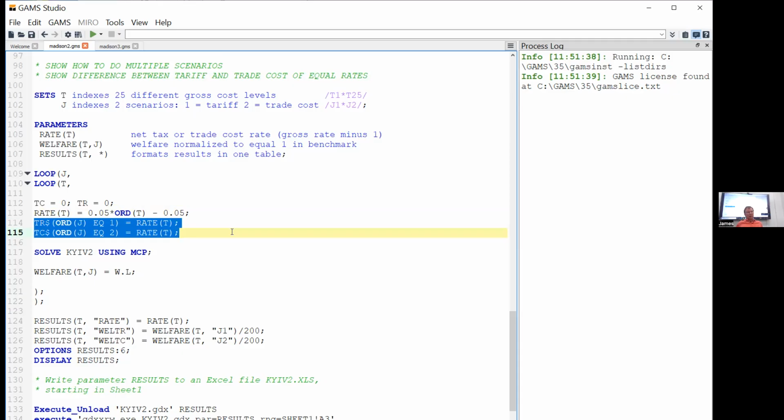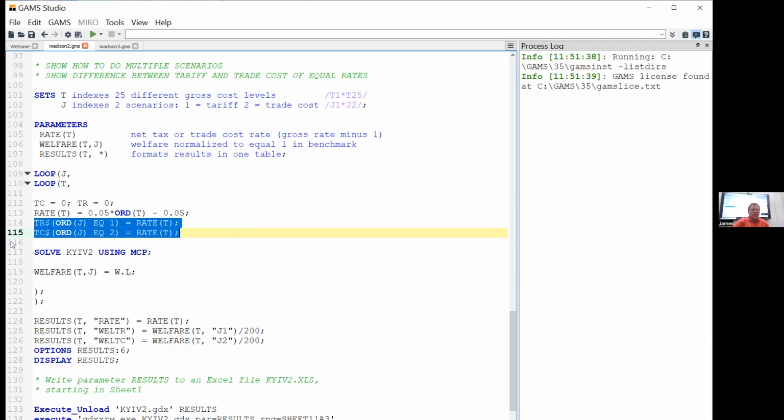The $ operator on the left says TR is going to equal this rate if the ordinal of set J is equal to 1. So in the outer loop over J, if J equals 1, it's going to set the tariff rate TR equal to rate of T. But if it's a trade cost, so the ordinal of J is equal to 2, it's going to set trade cost equal to that rate.